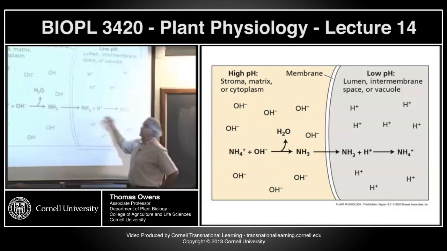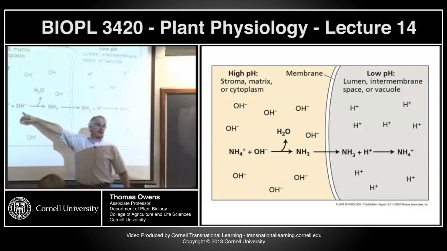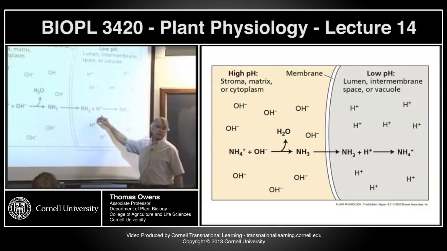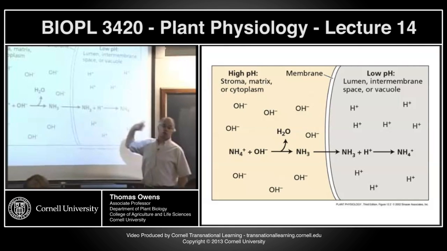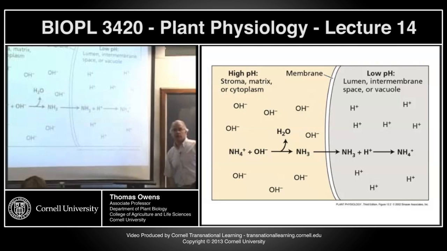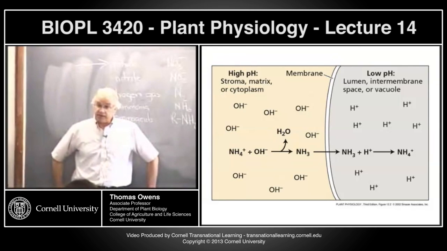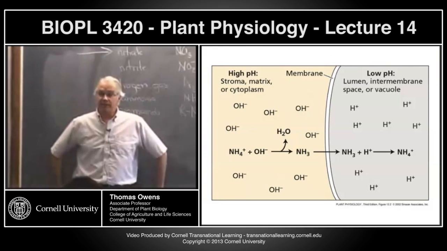It was being driven basically by the concentration gradient. But the net reaction is uptake of an OH over here and uptake of a proton over here. It's decreased the proton gradient across the membrane. And that's why ammonia is dangerous. It basically breaks down proton gradients that are needed for chemiosmotic ATP synthesis.